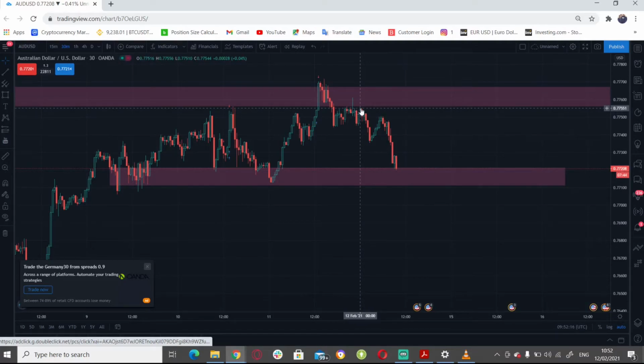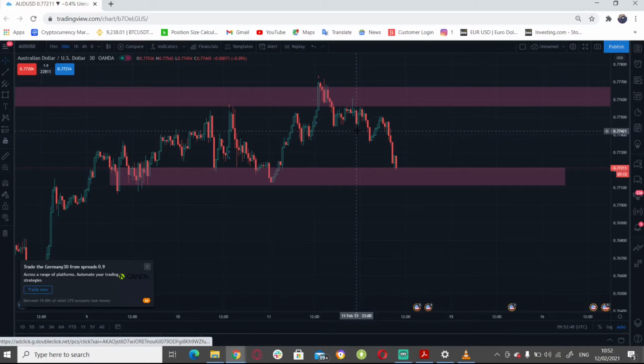As you can see, price continuously rejected. I would have taken this trade once it breaks the low. So on this 30-minute candle, that would have been a good entry point. Stops above the high, and then patience is just needed, because now that we've identified the direction of the market, it's just about our patience and our trading psychology that's going to ensure that we get the wins that we deserve.